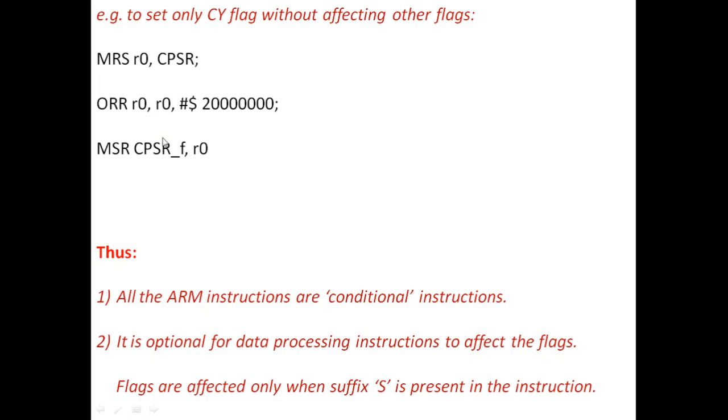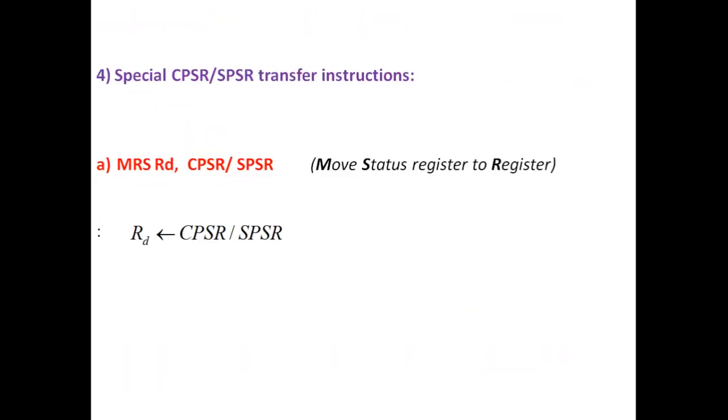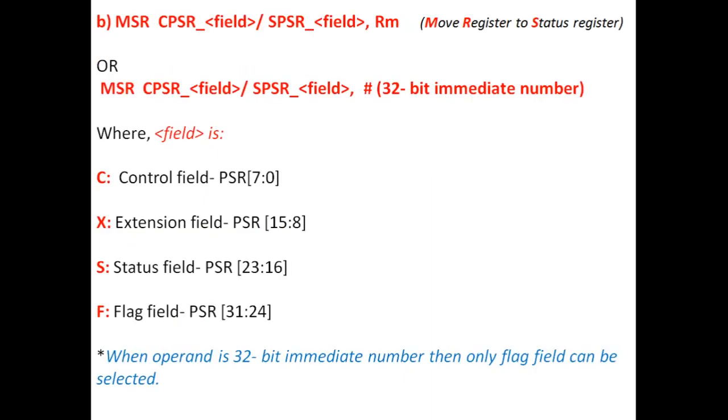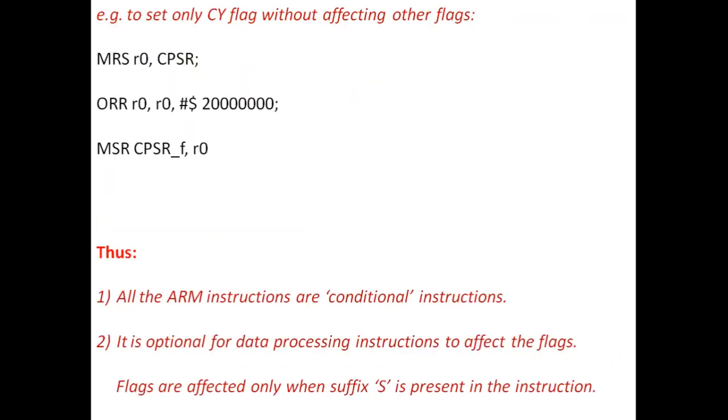Then you can copy the content of R0 back to the flag field of the CPSR. So with the help of these three instructions you can set the carry flag. These are the instructions associated with the most important registers, CPSR and SPSR, of this ARM processor. So that's how we have gone through the whole instruction set of the ARM processor.